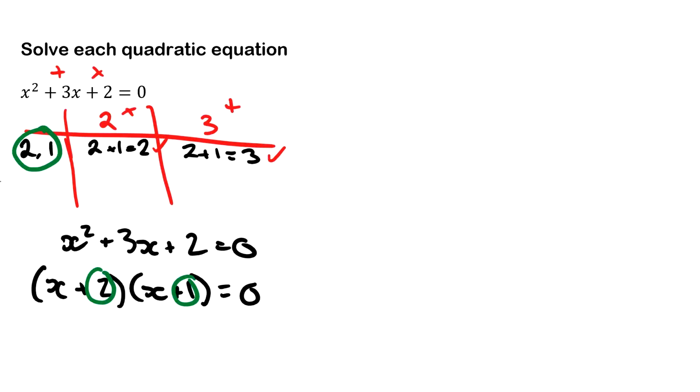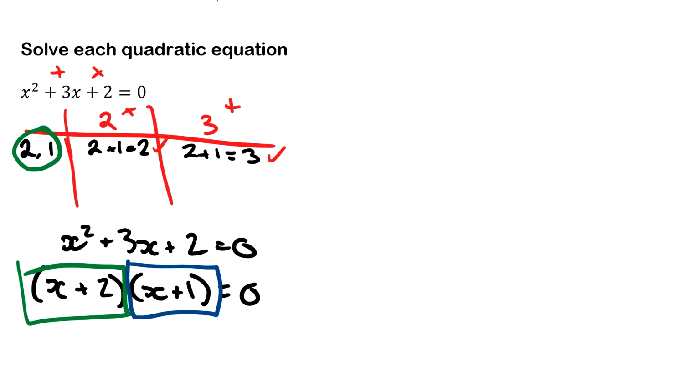What do I need to make this equal 0, and what do I need to make this equal 0? In this one, x needs to be -2, because -2 plus 2 is 0. And over here, x can be -1, because -1 plus 1 is 0.